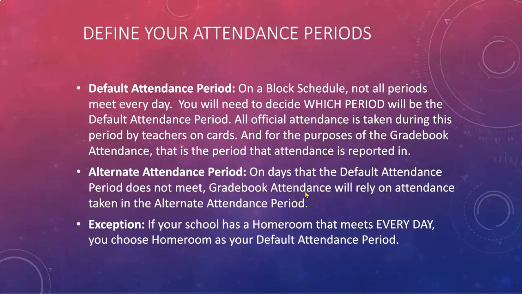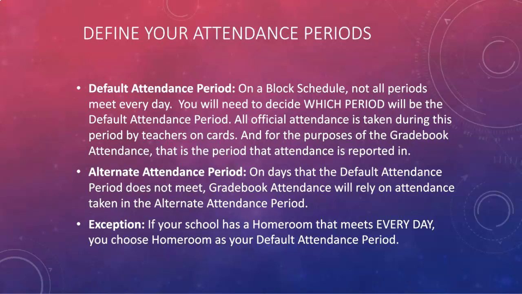So what does it mean to define your attendance periods? The default attendance period in a block schedule is the period that the official attendance will be taken during by teachers. They will take it on cards, but for the purposes of the Gradebook attendance, that is the period that attendance is reported in.